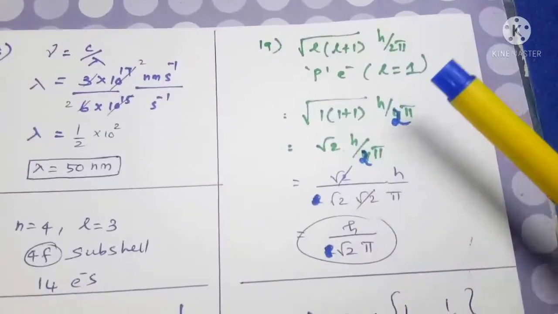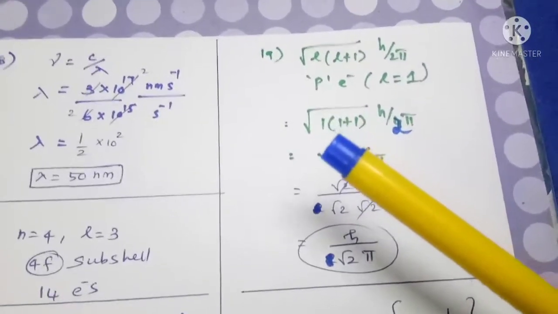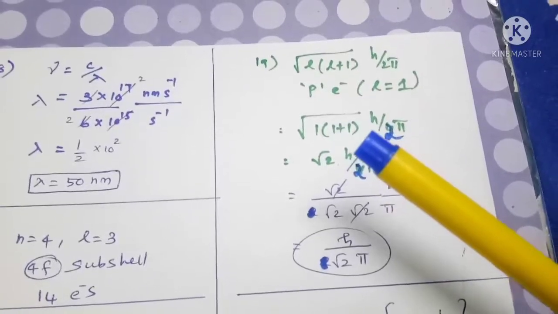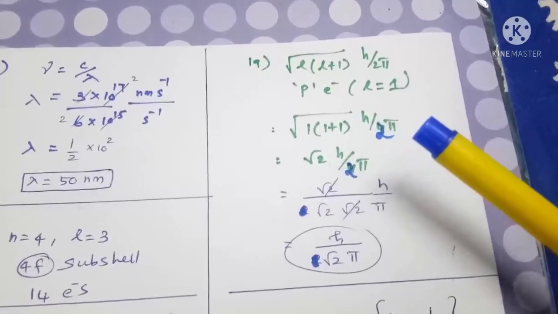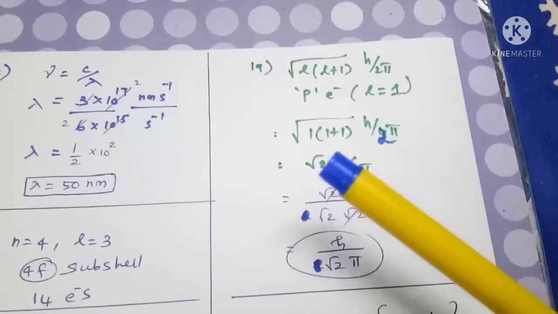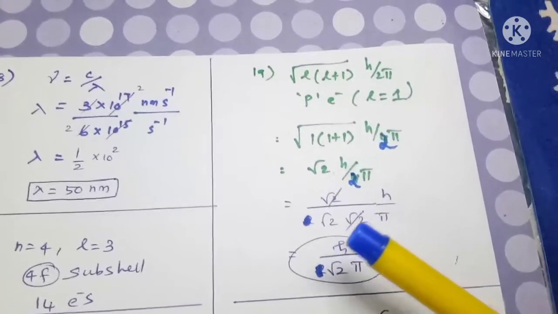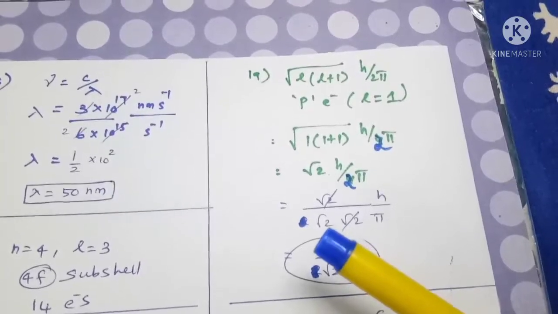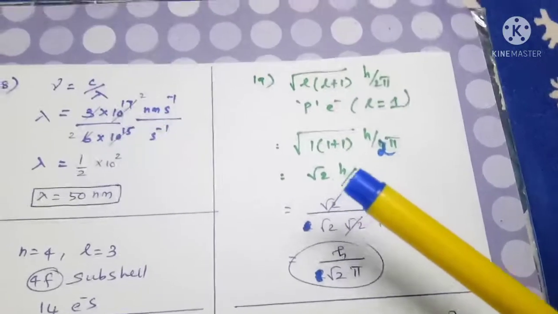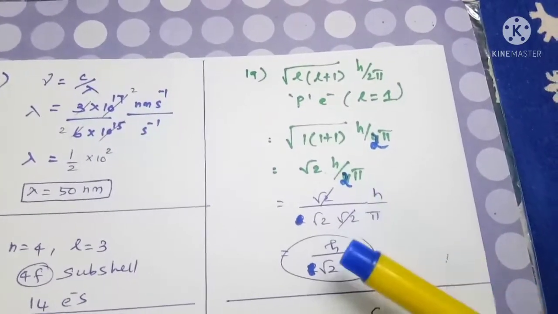Right. Now I substitute that value in the formula, so I am getting square root of 1 into 1 plus 1 into h divided by 2 pi, so square root 2 h divided by 2 pi. Now the denominator 2 I write as square root 2 into square root 2, so one square root 2 in the numerator and denominator gets cancelled.